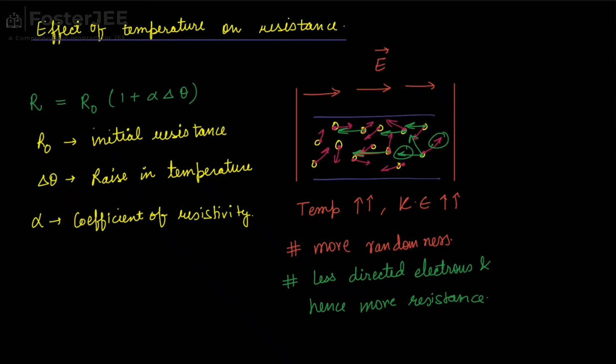Both are the same. So we can see if temperature is raised, delta theta is theta final minus theta initial, and that means final temperature is greater than initial temperature. So this is positive. If this is positive, 1 plus some positive quantity becomes greater than 1, so R is greater than R0. Hence, resistance is increased if we raise the temperature.